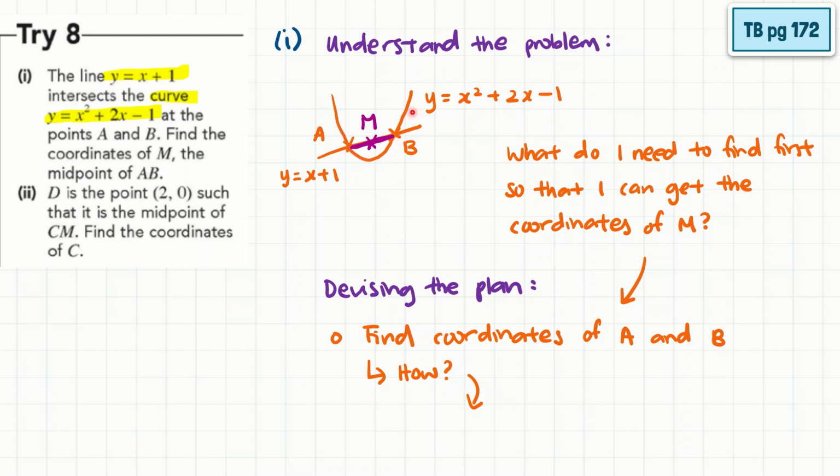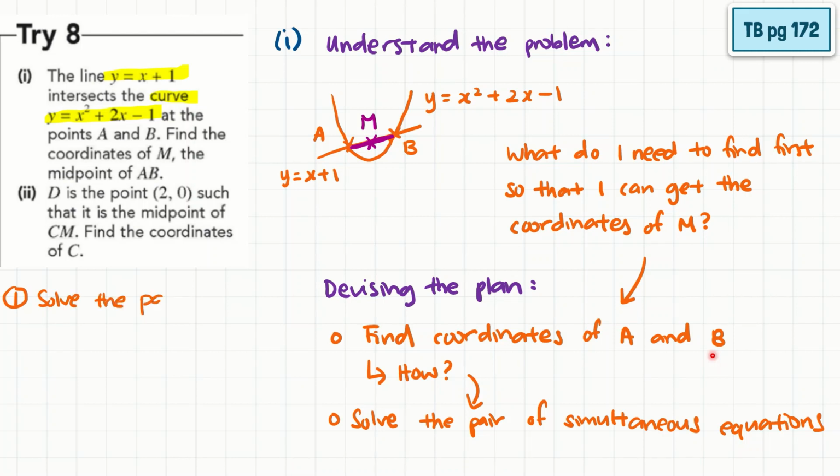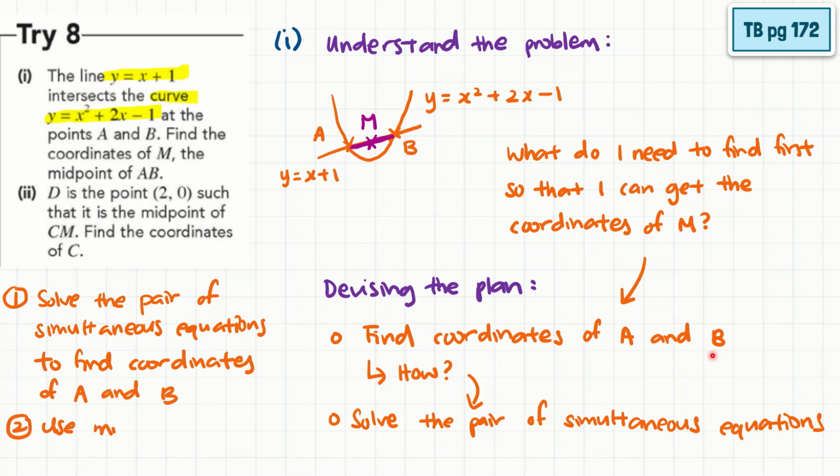So we have the graphical representation by observing the intersection points, and then the equivalent algebraic representation is that we are taking the equations and solving them simultaneously. So to find the coordinates of A and B, I am going to solve the pair of simultaneous equations. Therefore, my plan will first be solving the pair of simultaneous equations to find the coordinates of A and B, and then I can use my midpoint formula to find our coordinates of M.